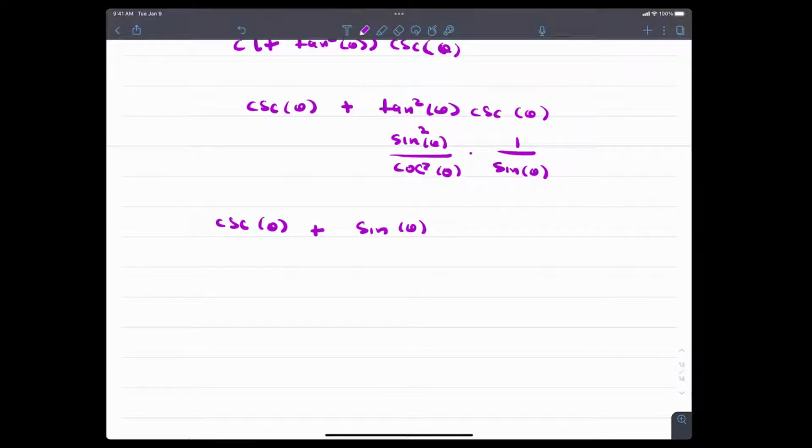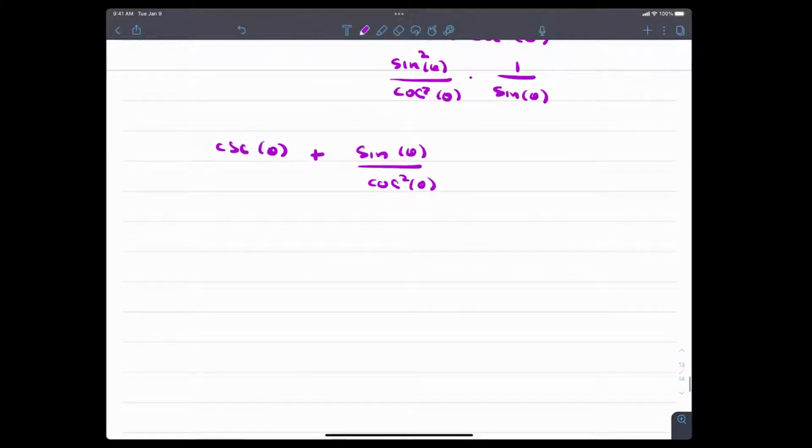Is that true? And that's over what? Cosine squared theta? So cosecant theta, I know I can integrate cosecant theta. And let me say this: sine theta over cosine theta times 1 over cosine theta.